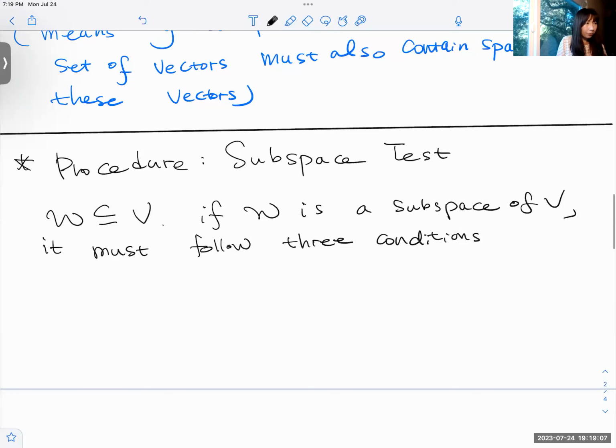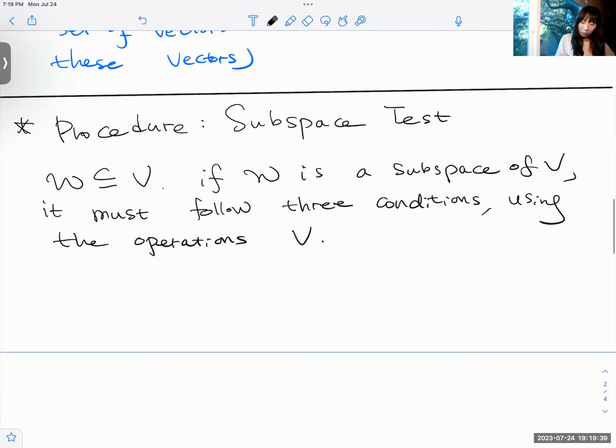Number one, using the operations of V, so we are following the same operations as the vector space V: closed under addition and scalar multiplication, right? And then we have another condition, which is the zero, the additive identity we have in the vector axioms.